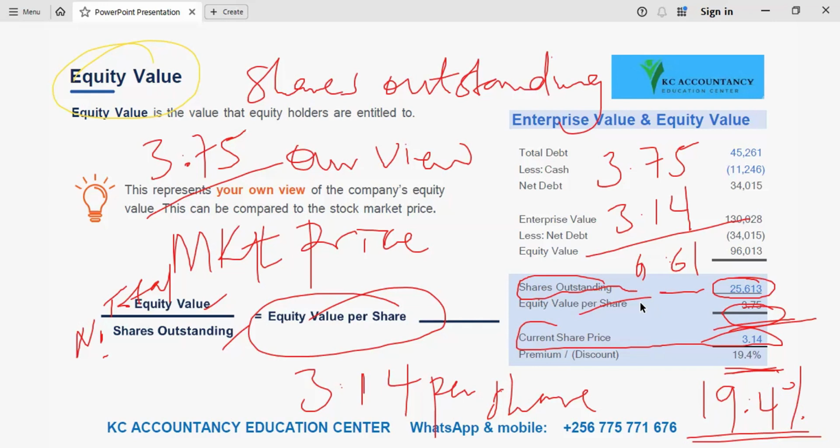So what we have really done in this process is calculate our own view of the company's equity value, and then compare it to the stock market price. And this is where we could encounter an opportunity. It's either we get an opportunity or we find it's a loss. Because if our view is correct and the stock market is incorrect, then we have the opportunity to make more profits of 19.5%.